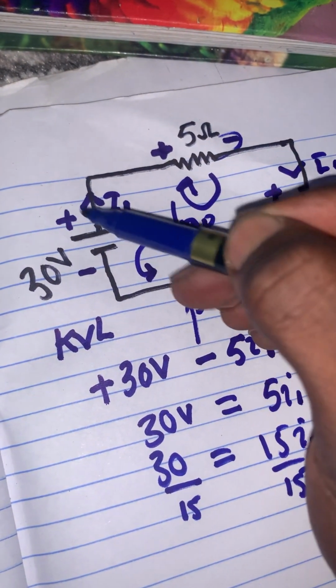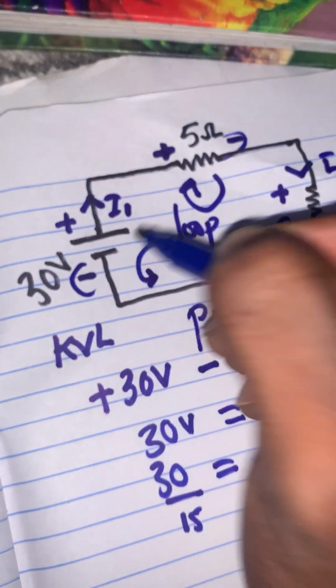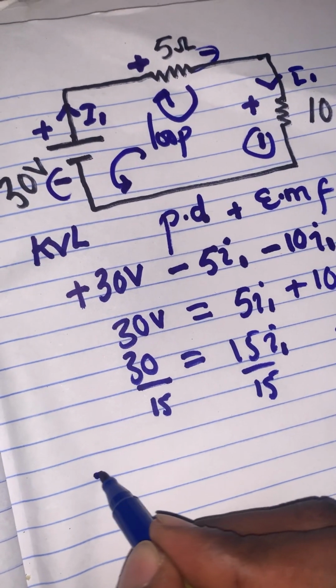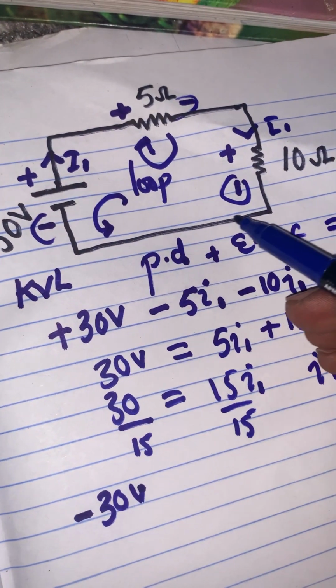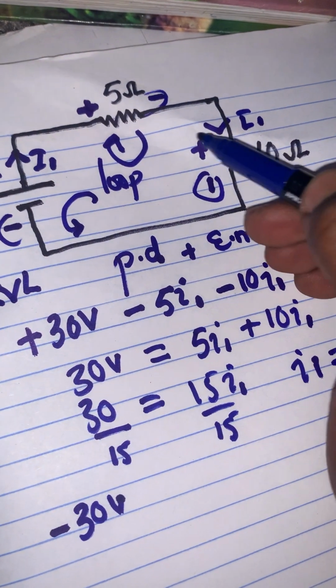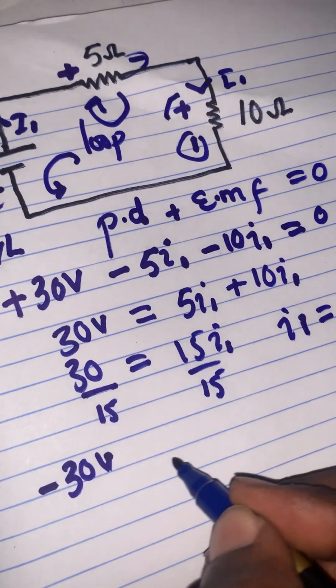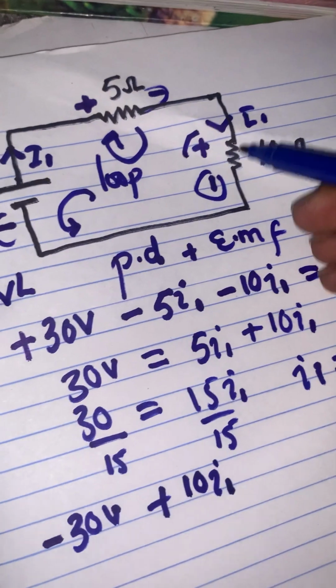This is the first sign of the battery, and this is the last sign of the battery. We take negative. This would be negative 30 volts. Then we keep moving and come across a resistor. This is the first sign, and this is the last sign. Then we take positive 10I1.